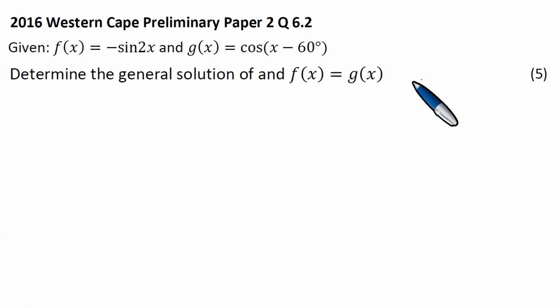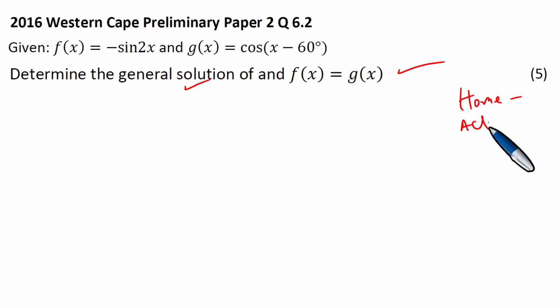Please try the 2016 Western Cape preliminary, paper 2, question 6.2, 5 marks: f of x equals g of x. Determine the general solution. That's homework. So this one is a home activity. And then let's move on.